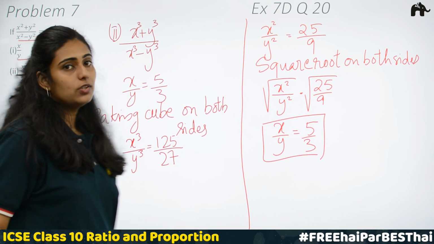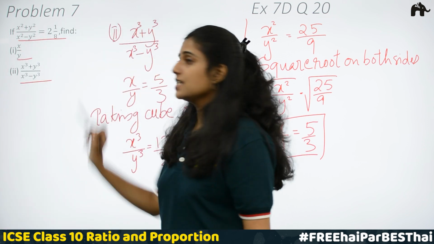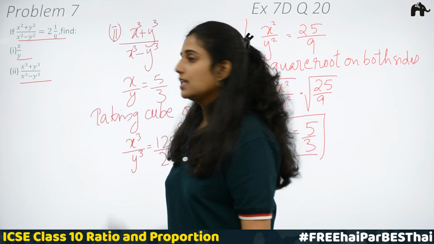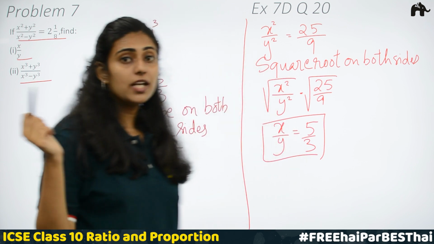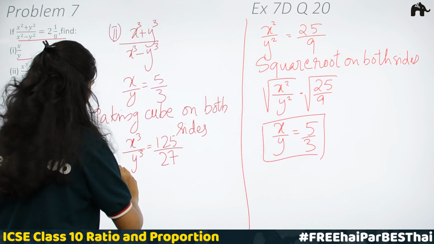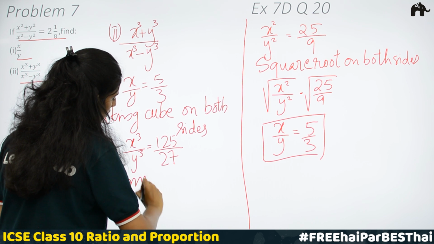Okay. Now we need to get the form x cube plus y cube and x cube minus y cube. We can easily apply the componendo and dividendo property, right?